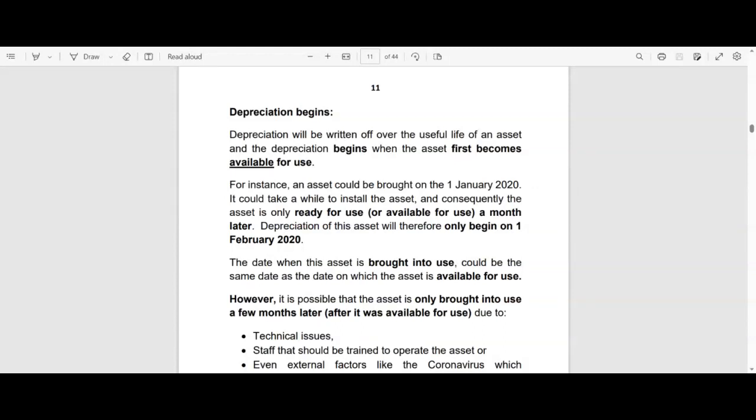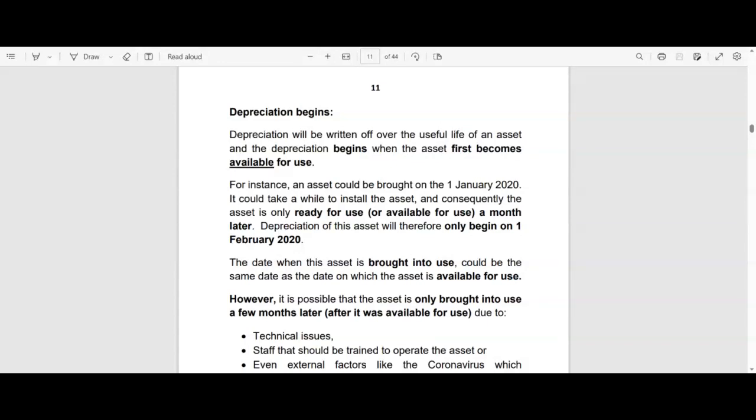So if you incur some sort of a cost or some sort of damage of 1,000 rands and the asset is not available for use yet, you are simply going to add that 1,000 rands to the cost of the asset, right? So it will increase the cost of the asset, any damages that you incur before it's ready for use. Only when it becomes available for use, if there is subsequent damage, then you are going to account for that as an impairment loss, right?